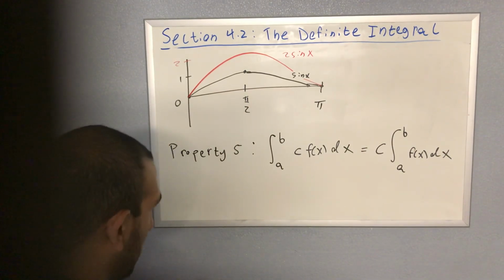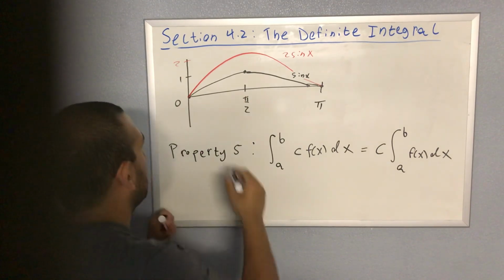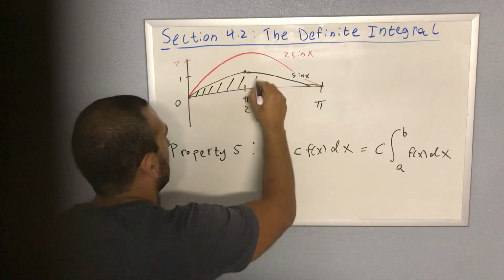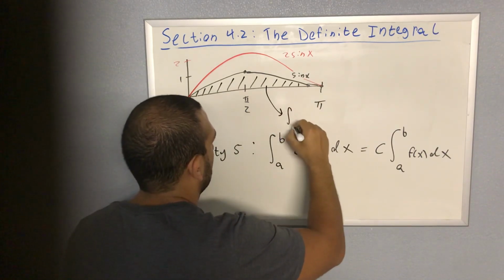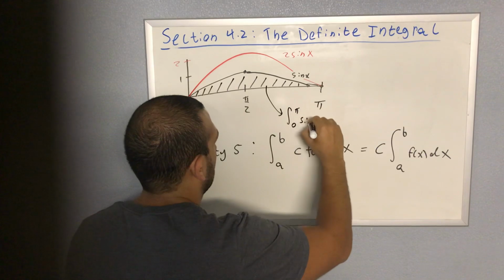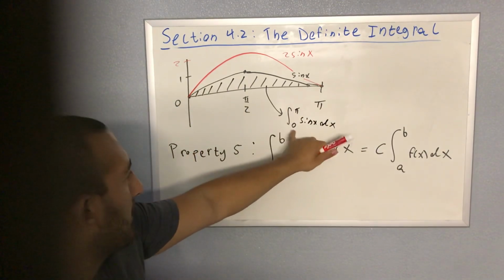Now, whatever the area underneath the curve is here, this area right here, this is the area under the curve. We write it like this.